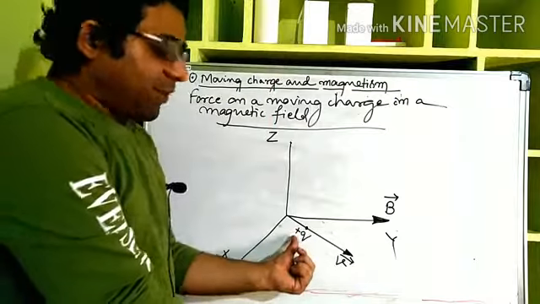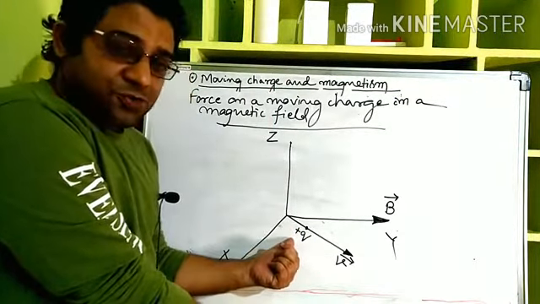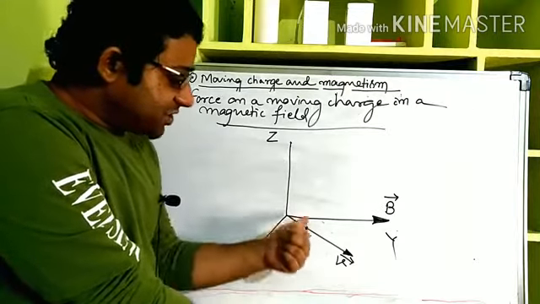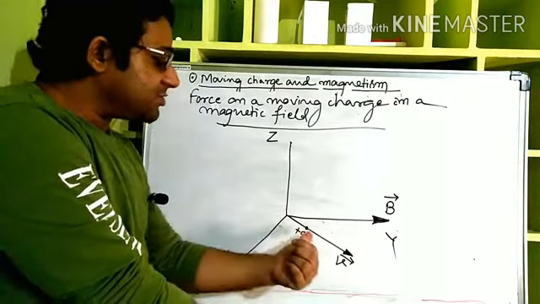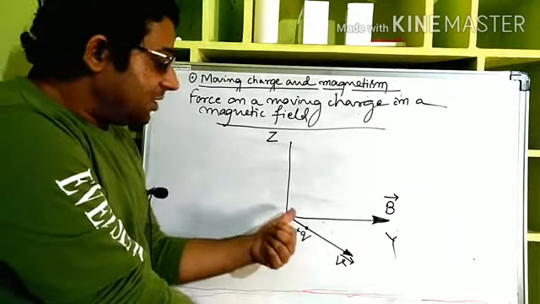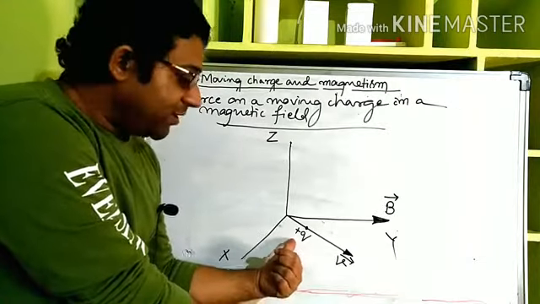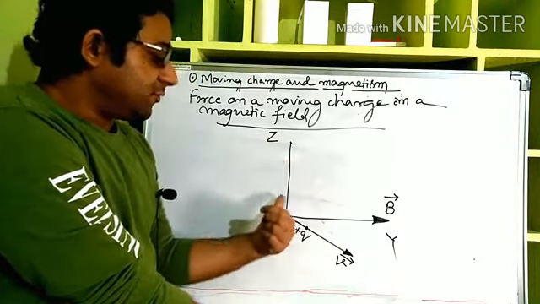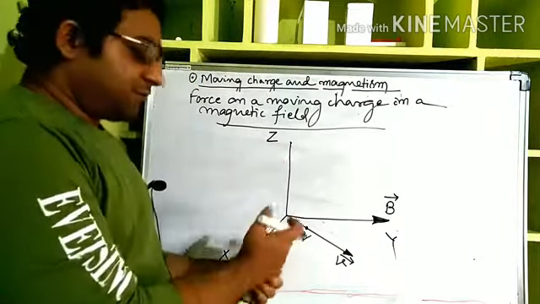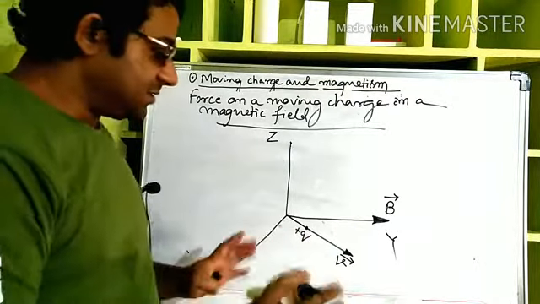Your question may be why a positive charge. We could take a negative charge as well, but we will derive the concept with the positive charge, and for a negative charge the force will be in the opposite direction. What is the force experienced by a moving positive charge, that we are going to find out. Once we find the direction of the force, if the charge is negative, it will be minus, so the opposite direction, as simple as that.